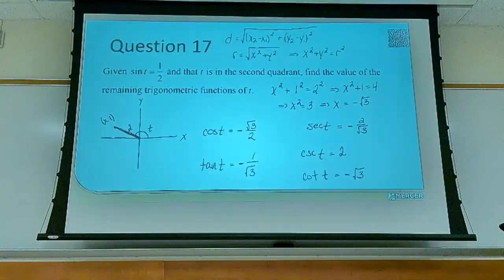So again, there are two ways to do it. You could treat the radius as 1, in which case your y coordinate is 1/2. But now you're dealing with fractions and squaring fractions. It's a little more hideous. So I treated it as a circle of radius 2. I treat my r as 2, which means my y coordinate is the numerator 1. And then went from there.